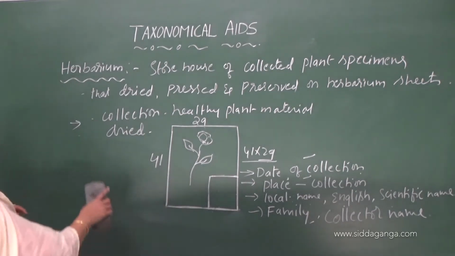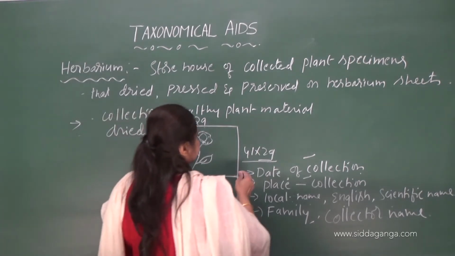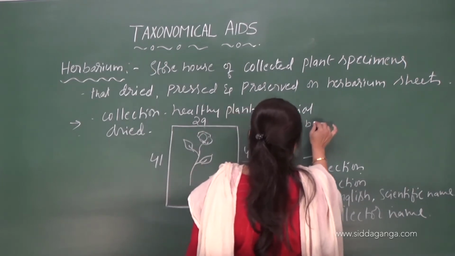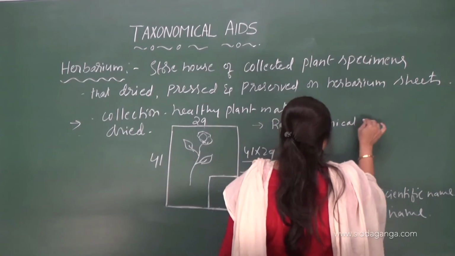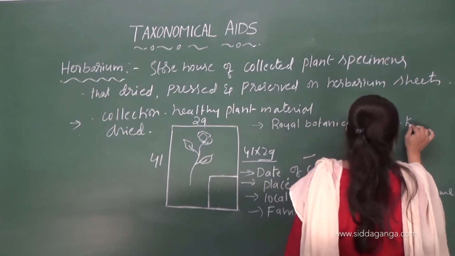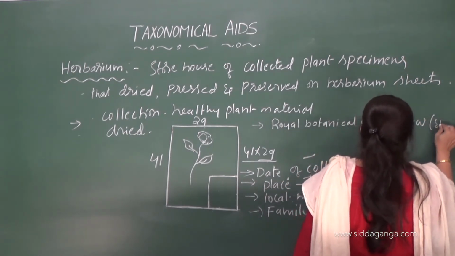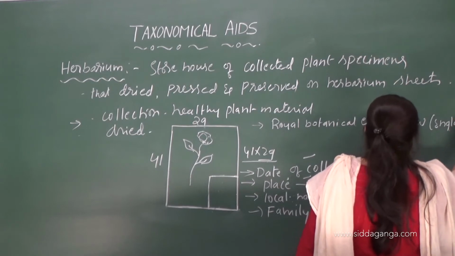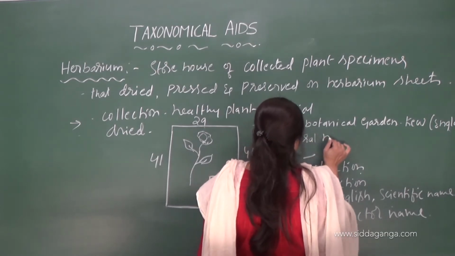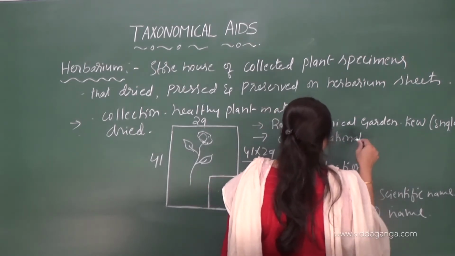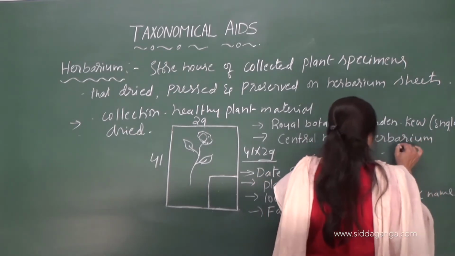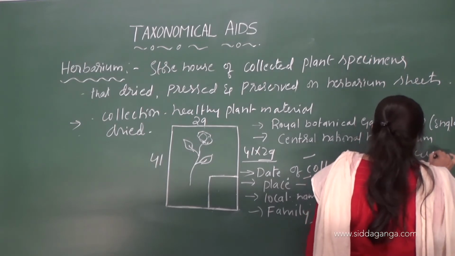The famous herbaria of the world include the Royal Botanical Garden, which is located at Kew in England, and one more is the Central National Herbarium, which is located in Calcutta.